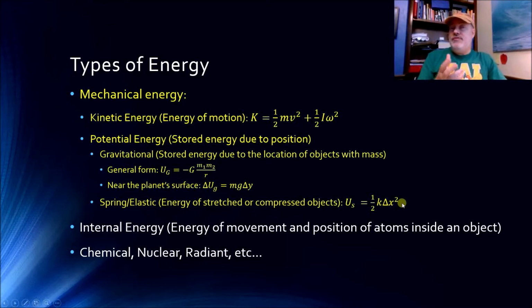There are other types of energy, but all these three are under the heading of mechanical energy, which is what we're studying. There's other types of energy like internal energy. This has to do with the movement and position of atoms inside of an object. We talk about that in thermal physics next year in AP Physics 2. And there are more, like chemical, nuclear, radiant, but we study those in different parts of physics.